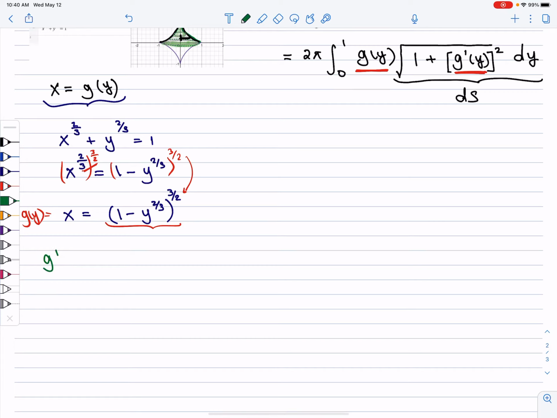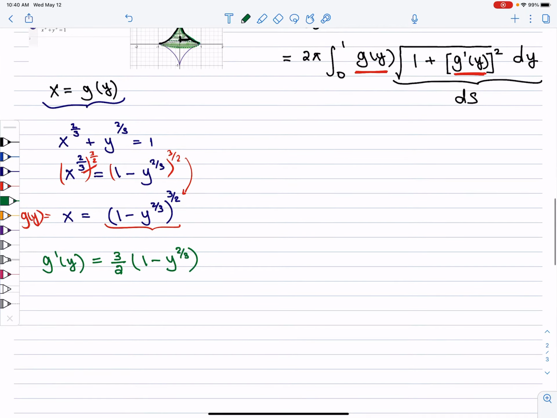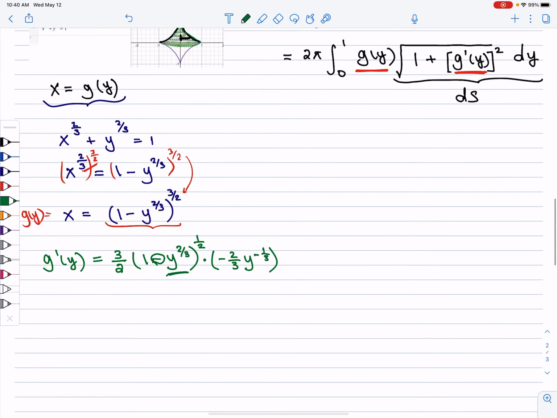We can say that g prime of y is equal to 3 over 2 times (1 minus y to the 2/3) to the 1/2, times the derivative of the inside. And the derivative of the inside will be equal to negative 2/3 y to the negative 1/3, right? It's negative because this part here is negative, and then you're applying the derivative to y to the 2/3.